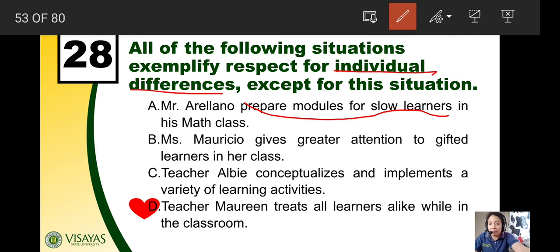Then, letter B, Miss Mauricio gives greater attention. Hindi naman sinabi na walang attention dun sa slow learner. There's still greater attention. But, it would be better if it would be equal or more dun sa slow learners, no? Letter C, conceptualizes and implements a variety of learning activities. Tamang-tama siya.